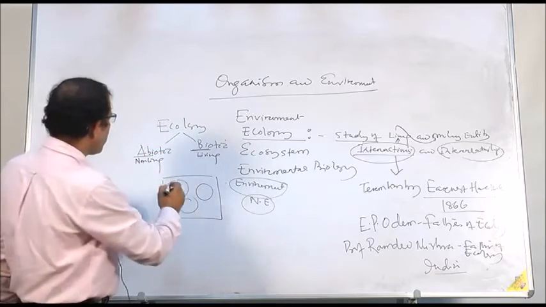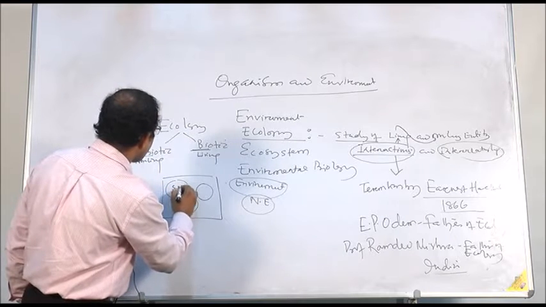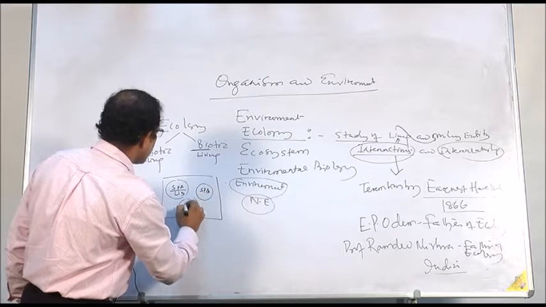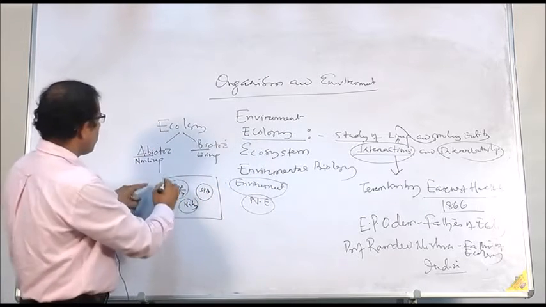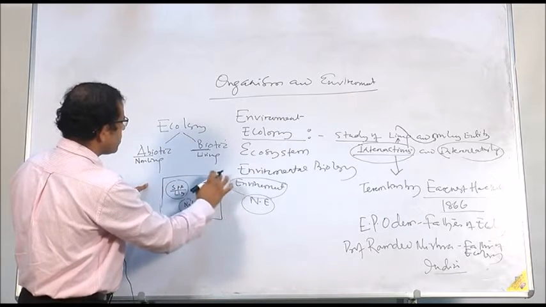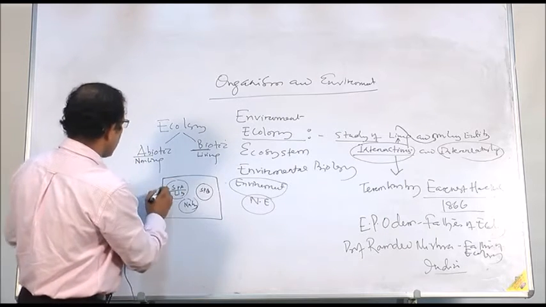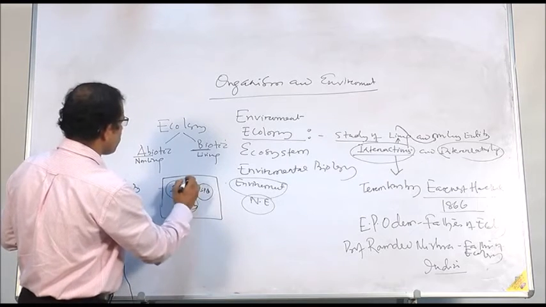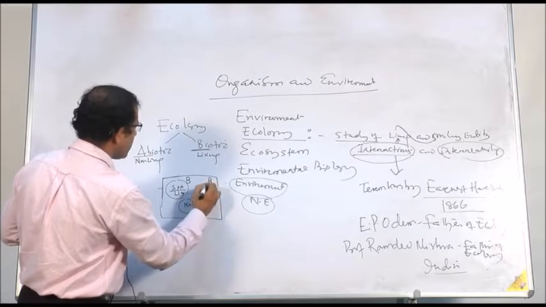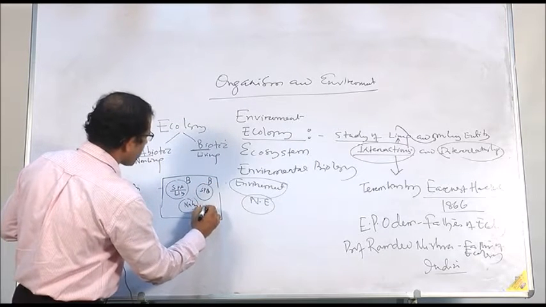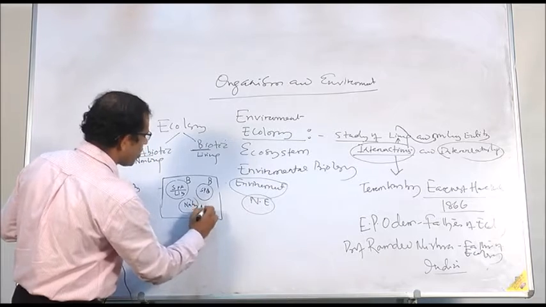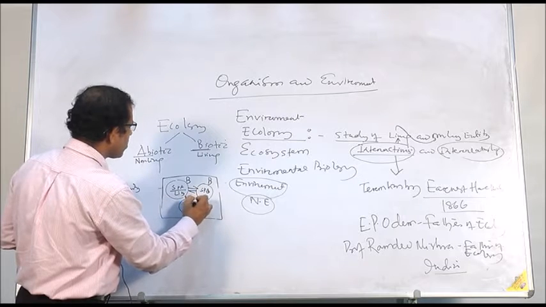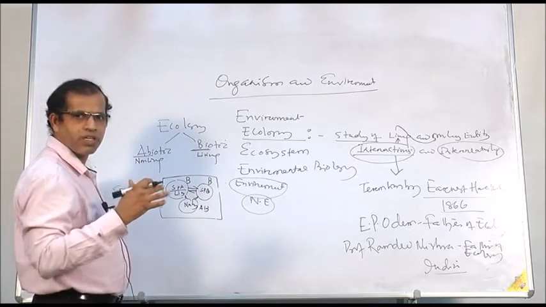In this room, when one species is there, this is living, this is another living, and suppose this is non-living. So in a system, there is a surrounding and there are components: biotic components, and non-biotic or abiotic components, or non-living. So there are interactions and interrelationships among them.